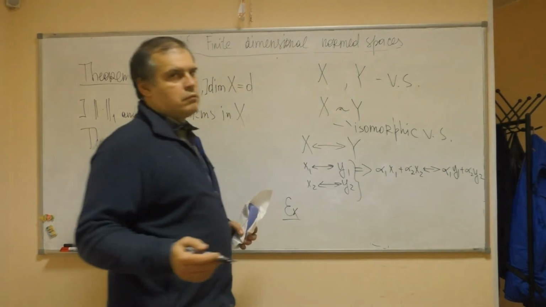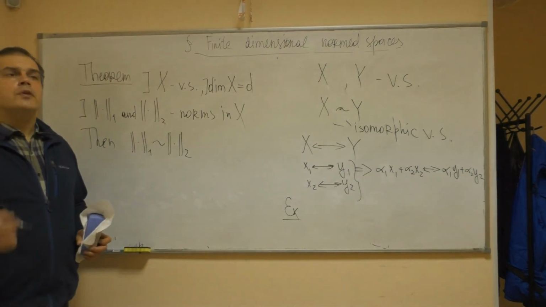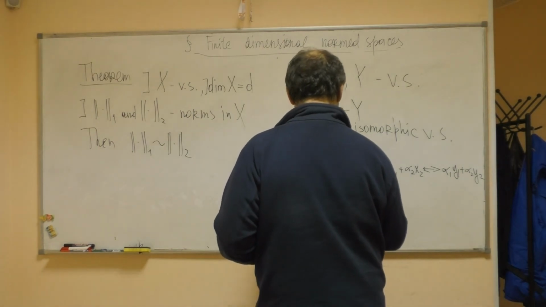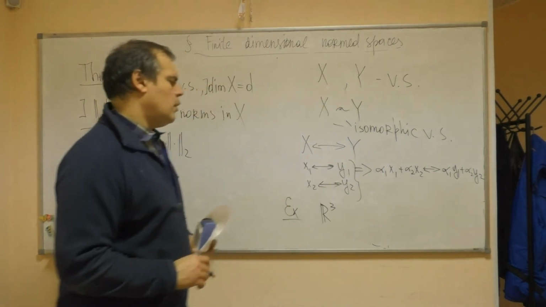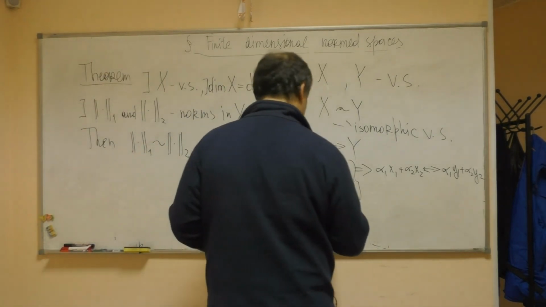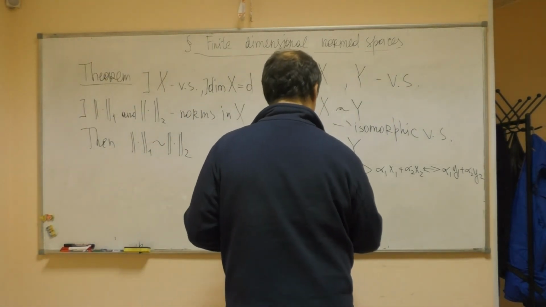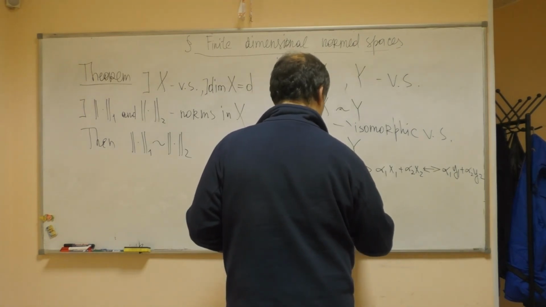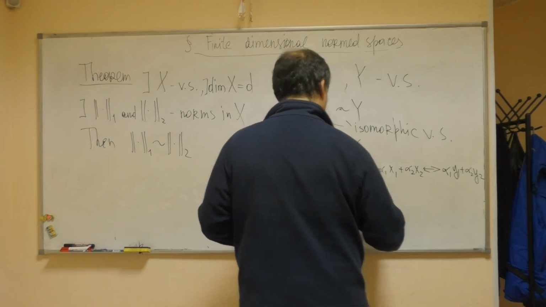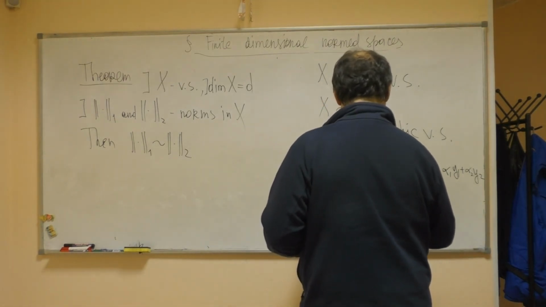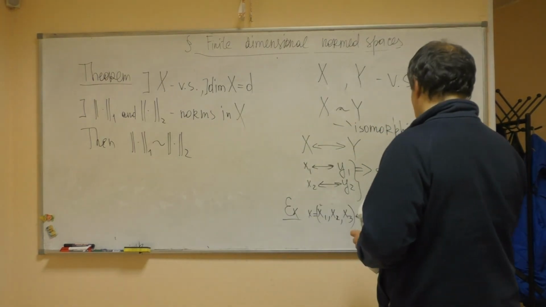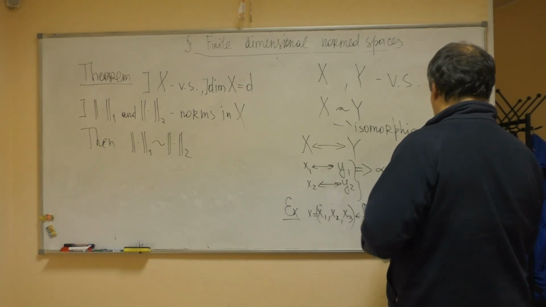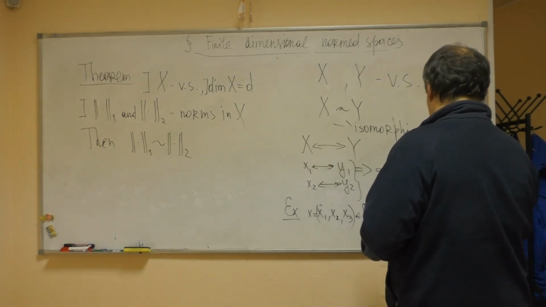Or we can show very simple examples. For example, space of three-dimensional vectors, so elements x1, x2, x3. And another space is symmetric matrices of 2 by 2 dimension.